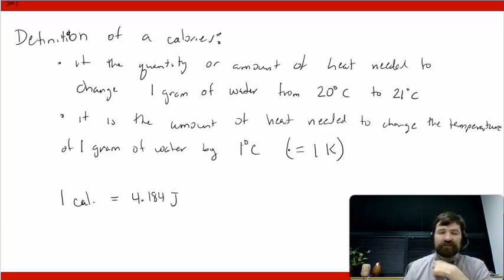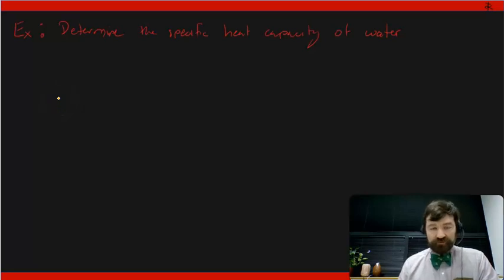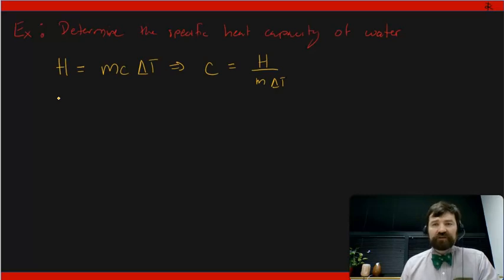There's a related thing, which is, what is the specific heat capacity of water? And that, of course, is going to be our first little example. Well, we've already declared that heat should be equal to mass times specific heat times temperature change. That implies that the specific heat should be the actual heat added divided by the mass divided by the temperature change.